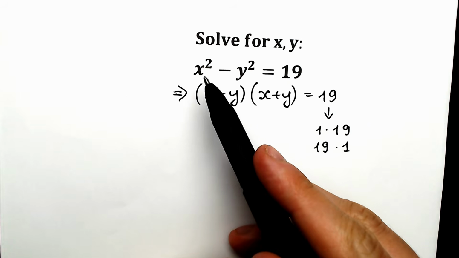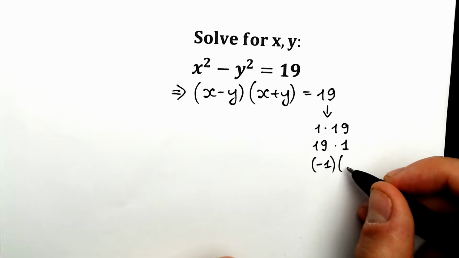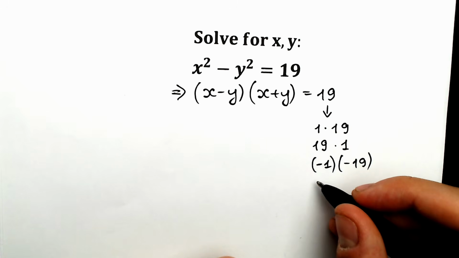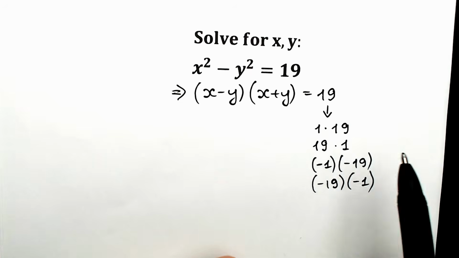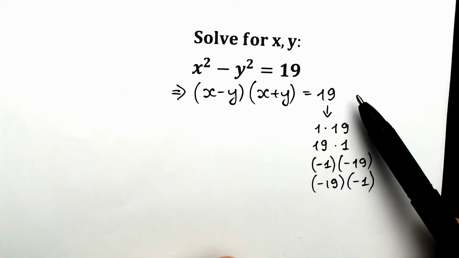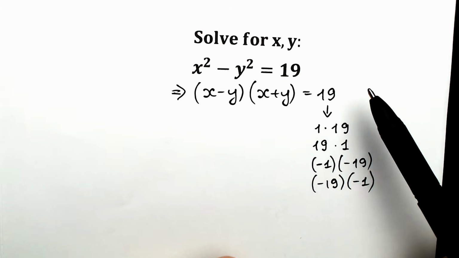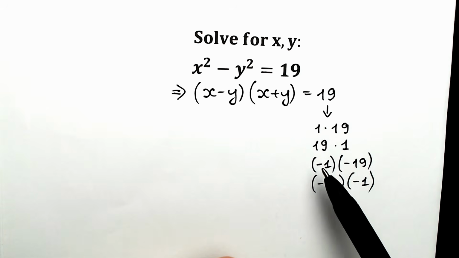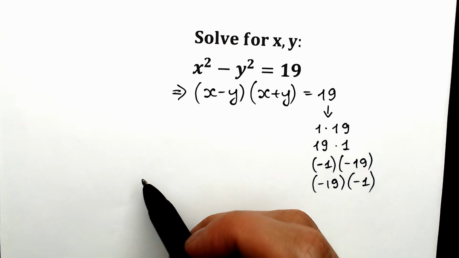And because this is a square, we have to write our negative values: minus 1 times minus 19 and minus 19 times minus 1. So we have only 4 cases and nothing more. We can't express this 19 using 2, 3, 4 or a different constant, because this is a prime number, so we have only 4 cases, 2 positive and 2 negative.